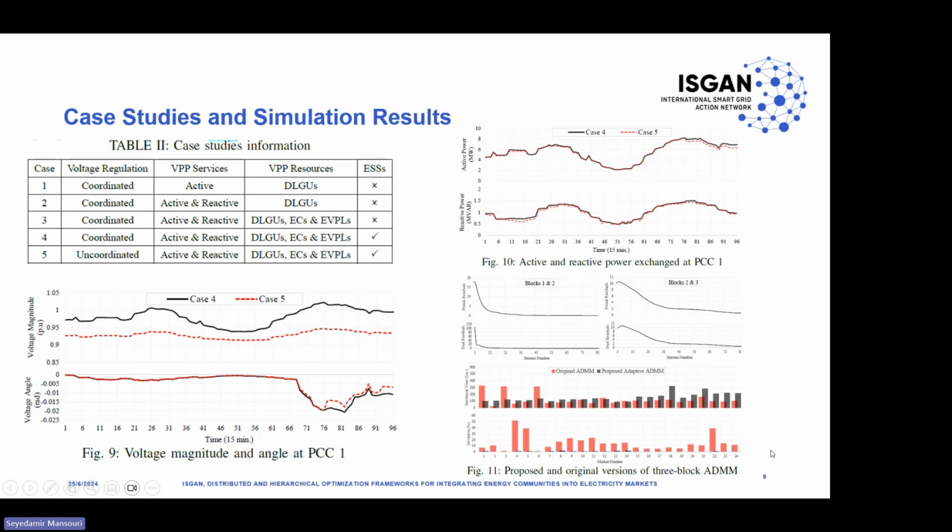But the original triple-block ADMM has many differences from the global optimum solution in all the hours of the scheduling. So our algorithm not only achieves the global optimum solution, but also reduces the computational burden and solution time significantly.